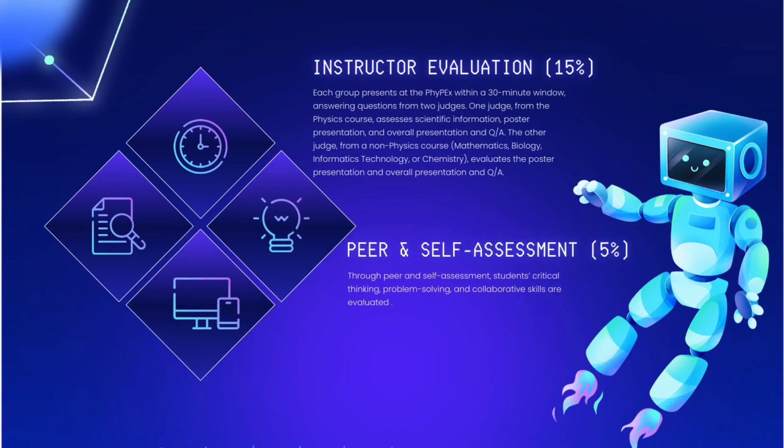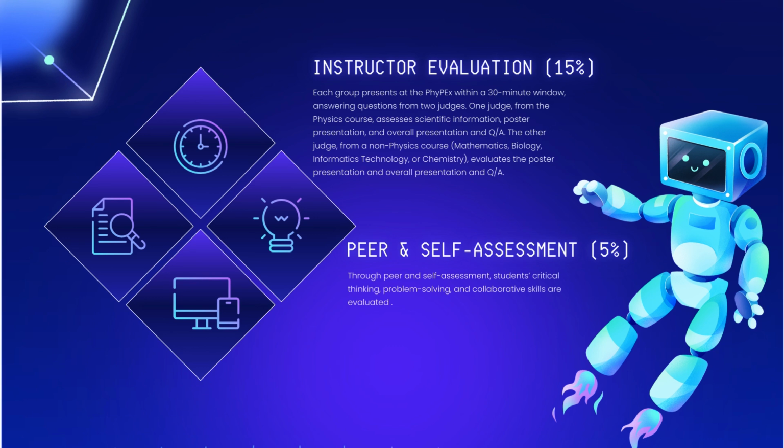In PhyPEx CTS, students are assessed through instructor evaluation, 15%, and peer and self-assessment, 5%. Each group presents at the PhyPEx within a 30-minute window, answering questions from 2 judges. One judge, from the physics course, assesses scientific information, poster presentation, and overall presentation and QA.